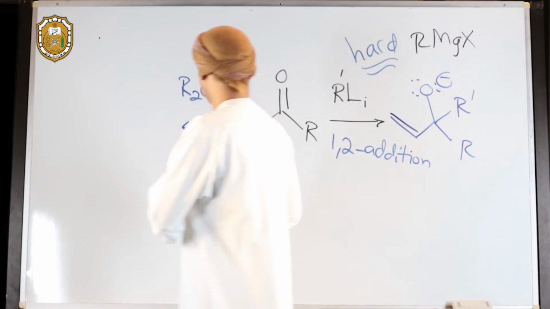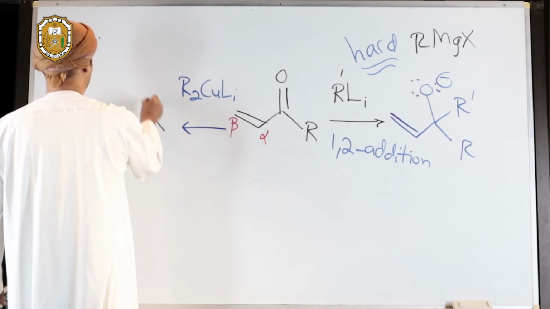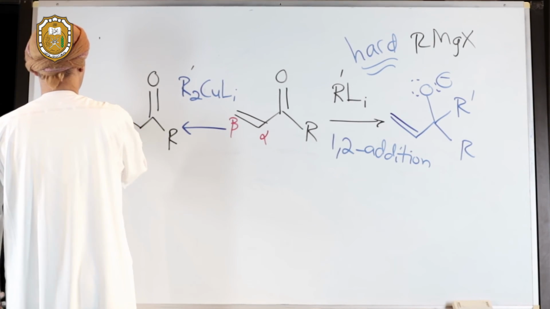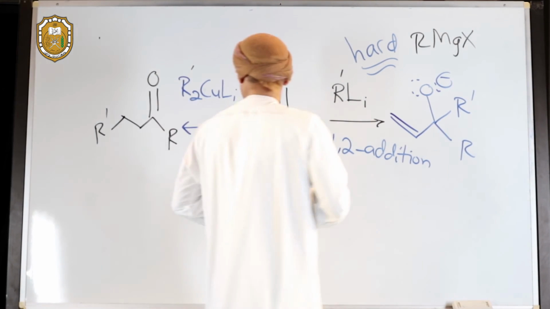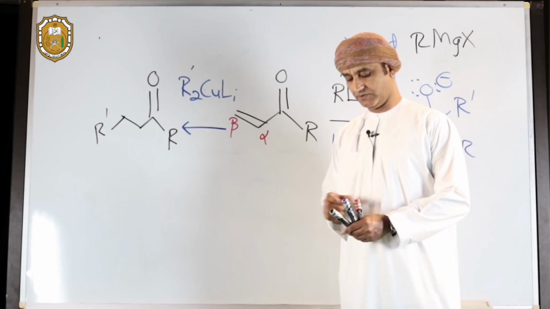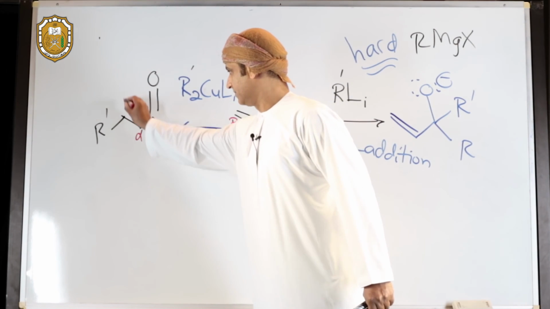So the product would therefore be something like this, where R prime coming from the cuprate is now bonded to the beta carbon of the alpha beta unsaturated carbonyl compound.